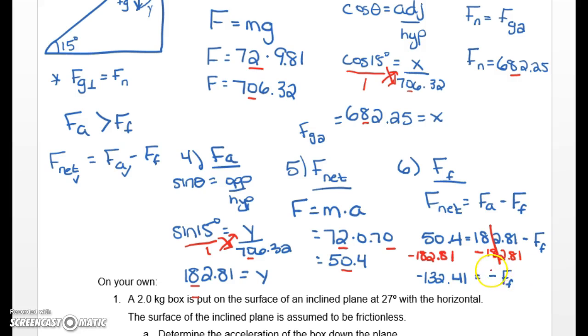We don't want to find this negative value, so we need to multiply both sides of our equation by -1, and this will get rid of those negatives. So we have an answer for our frictional force of 132.41 as our value.